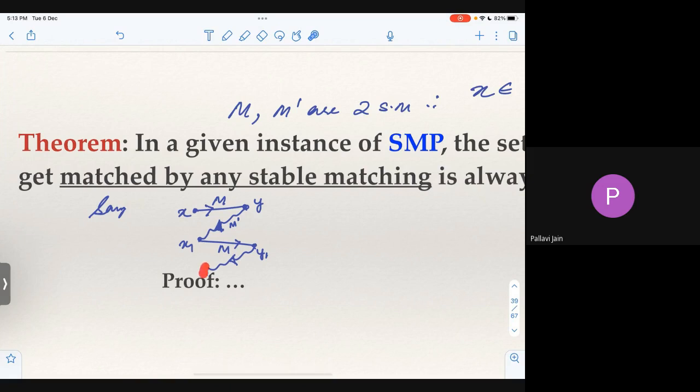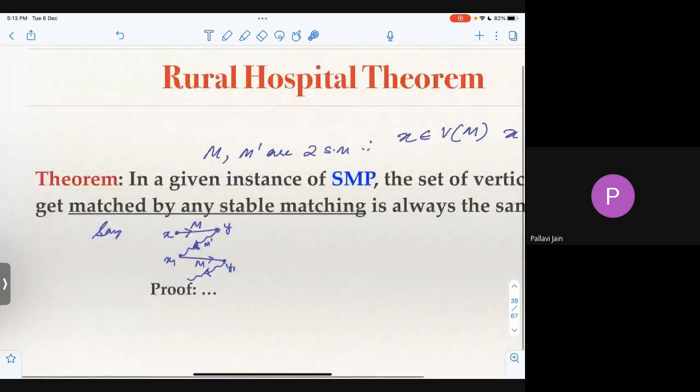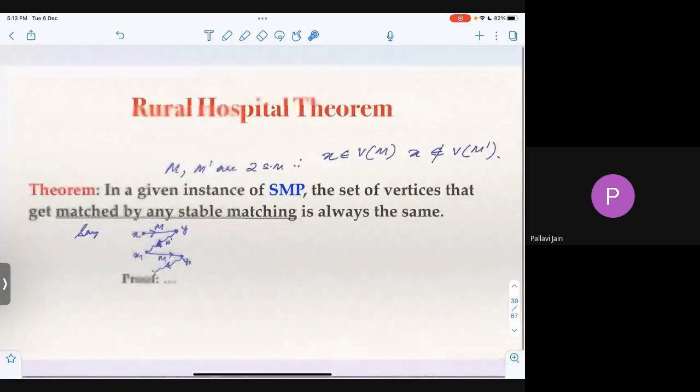And then the last edge that you get, looking at the direction, you will be able to see that it must be a blocking pair for the other matching. So to avoid that, it must come back here. But our initial assumption was X does not have an M prime edge. Okay. So this is the proof that every vertex that's part of one stable matching must be matched in every stable matching.